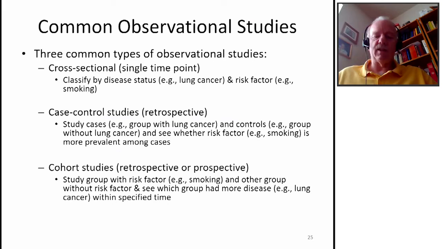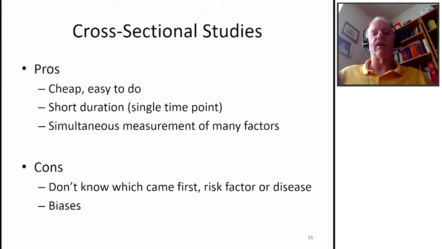And then you can also do it the other way around, a cohort study, which is retrospective or prospective, but the stronger types of designs are prospective studies. So now instead of looking at cases and controls, you're looking at a group of people with the risk factor, in this case, smoking, and another group that don't have the risk factor, they're non-smokers, and you look forward in time and you see how many people get lung cancer in each group within a specified time.